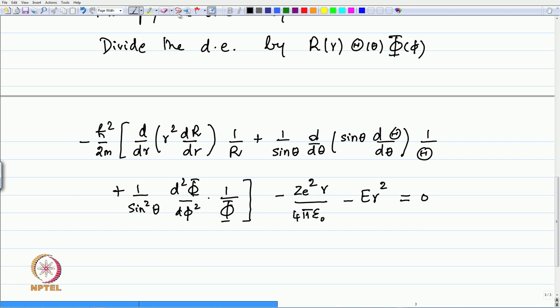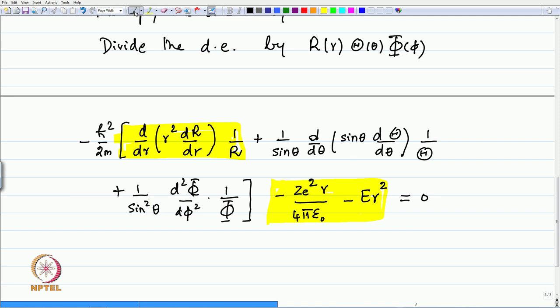So, what you have here are the radial part given by this term and these terms, and everything else does not depend on radius, the coordinate r, but depends only on the theta and phi.